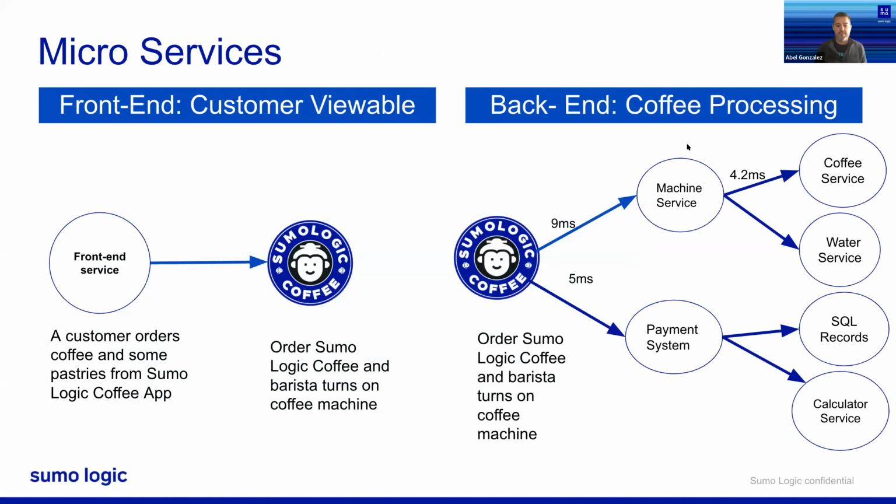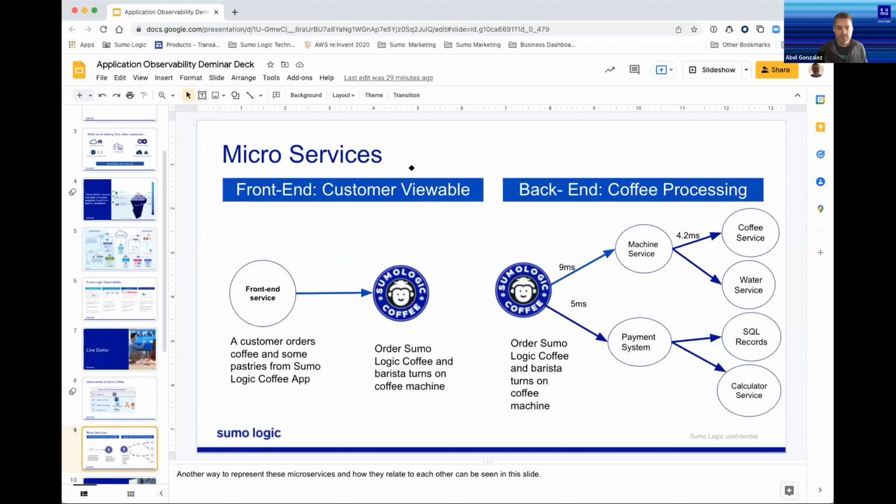So we have our front end where the customer goes and orders coffee, and then in the back end, we have all these microservices that provide all of the necessary mechanisms to fulfill that order. So let's go and look at the application itself.